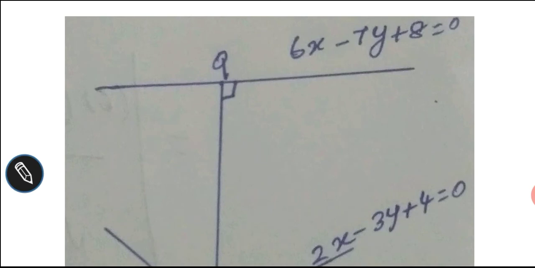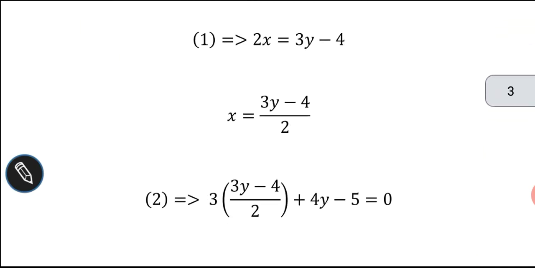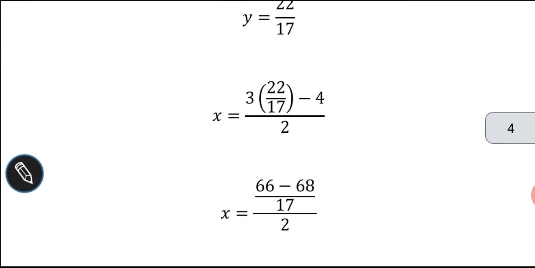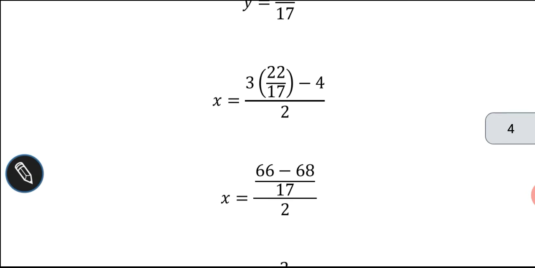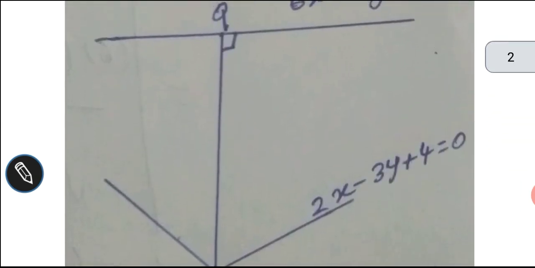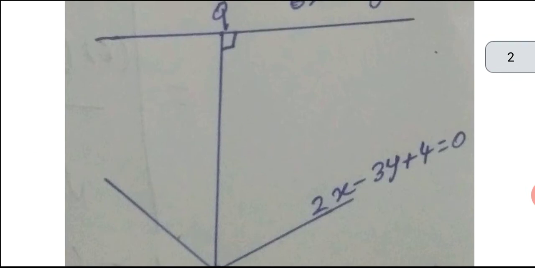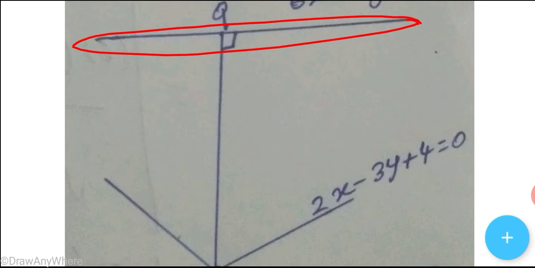The person is at point P, whose coordinates are minus 1 by 17 comma 22 by 17. The person wants to reach this line in shortest time, so in order to reach it, he has to take this perpendicular line. So we have to find the slope of this perpendicular.